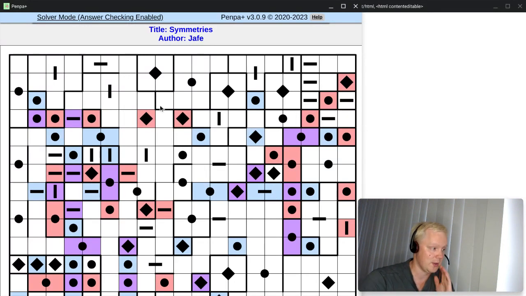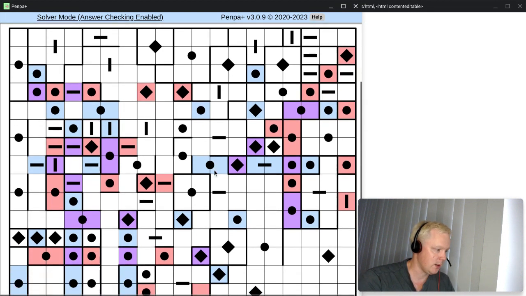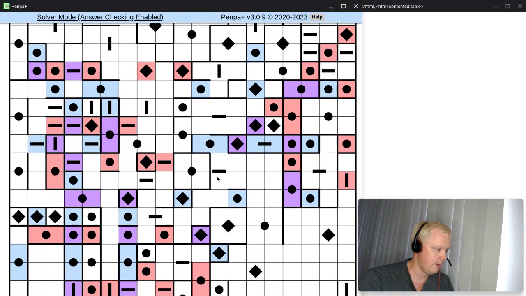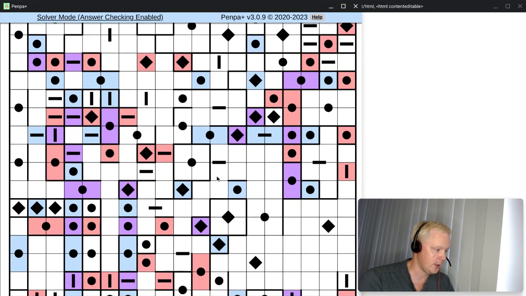So we can't be sure that this, even though it looks very likely to be part of this, because it can't be part of this, counterpart would be here, can't be part of this for numerous reasons. We don't know for sure, and it's in a sort of open area, so there are a lot of possibilities. We could go through all of them, but not necessary maybe at this point, because we have some easier logic to do before we start thinking about that.